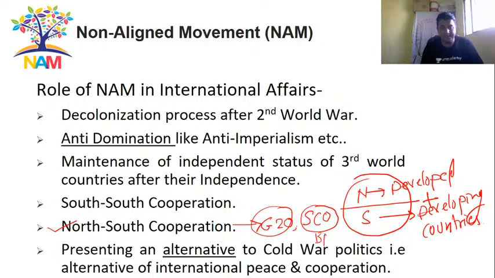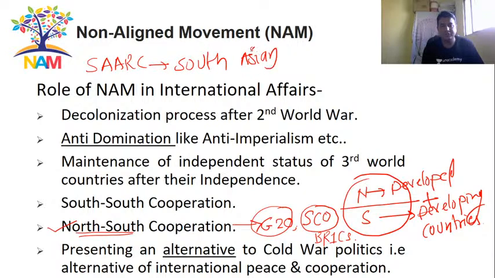Can we say BRICS? Pranali, how can SAARC be part of North-South cooperation? SAARC is an organization. Where is SAARC? SAARC is South Asian. How can we say that it's North-South? SAARC is not considered a North-South cooperation.